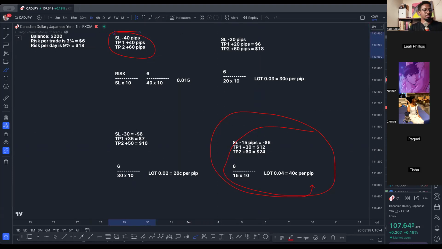Cool. I know we went through a whole lot of math. So we didn't really get to test the whole 200 thing. I would have to give you guys a lot more trades so that you can see how that worked out. But how could you do this in practice?